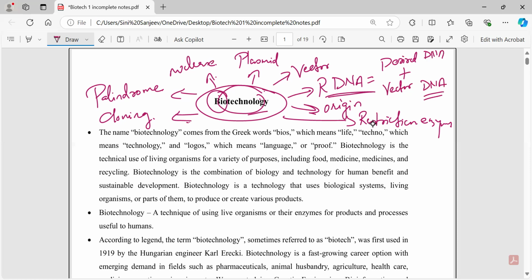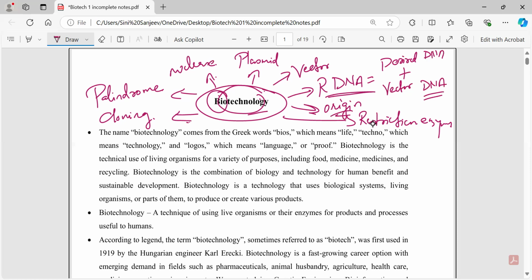Then you incorporate this modified DNA into your host, so that it will give you the desirable product you need. This is called recombinant DNA, that is desired DNA plus the vector DNA. Then you have origin. Usually a particular cell replicates, right?